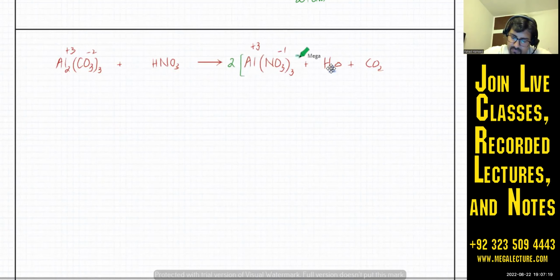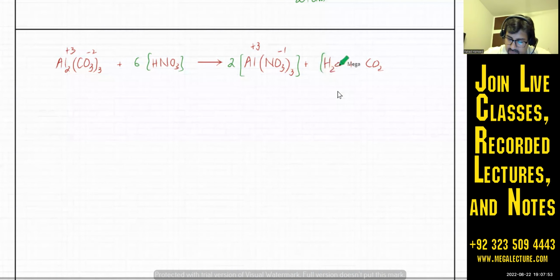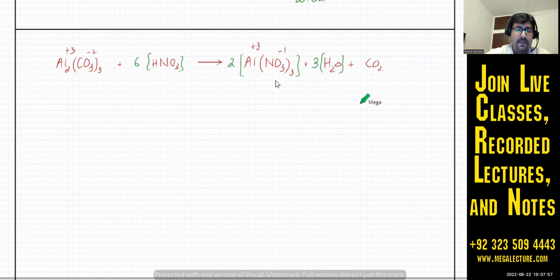I've got one over here, bracketed by this 3, so that means there's 3 N's, and you've got 2 molecules, so that's 6 N's. There's only 1 N over here, so I'll multiply this entire thing by 6. Okay, balance the easy ones first. I've got 6 H's. I had 1 H in nitric acid, but I've got 6 molecules now, so that's 6 hydrogens. So I'm going to multiply the water by 3, so that's 6H.